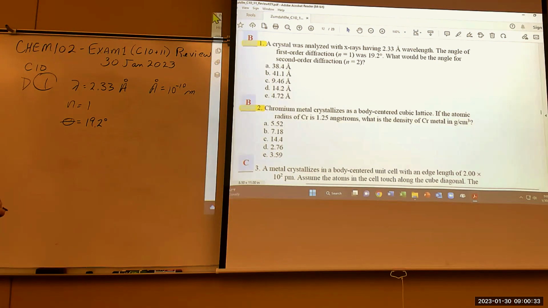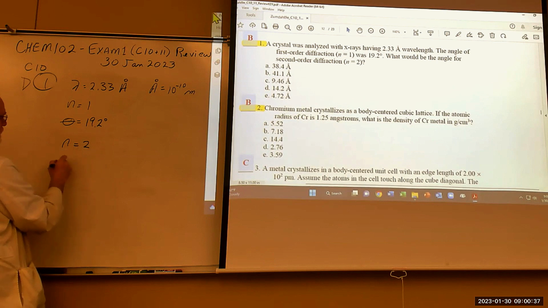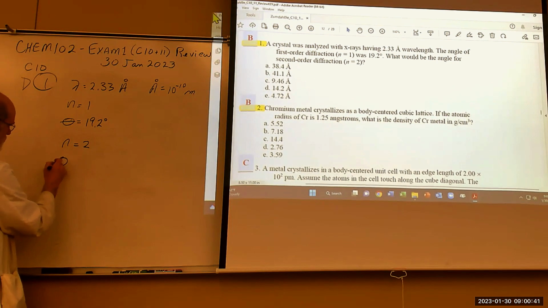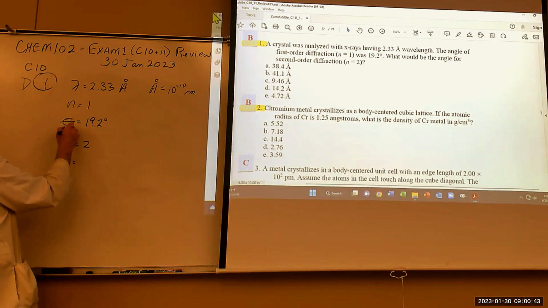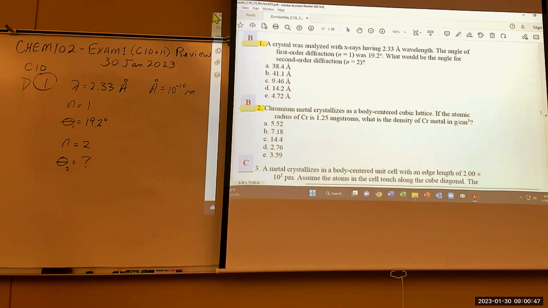Okay. What would be the angle for the second order? Now we want to know this one. At what angle would that occur? This is first order, this is second order. Okay. Now let me see.